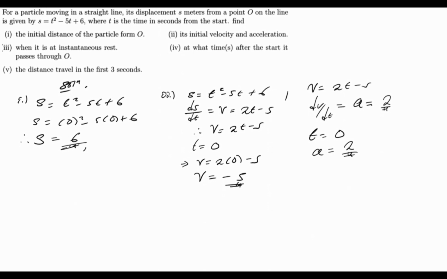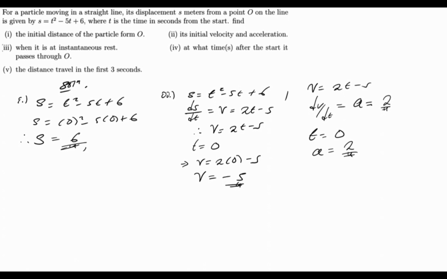Now, in the third portion, these questions are not written in the correct form. Okay, so when it is at instantaneous rest, what happens? The particle will be at instantaneous rest when its velocity is 0.